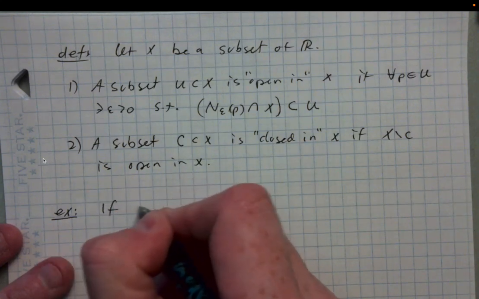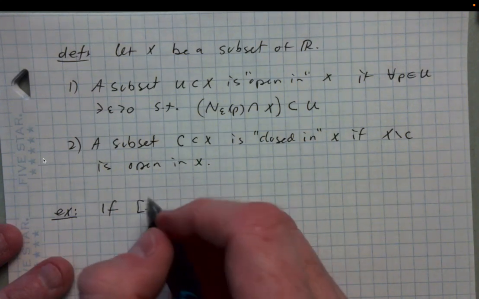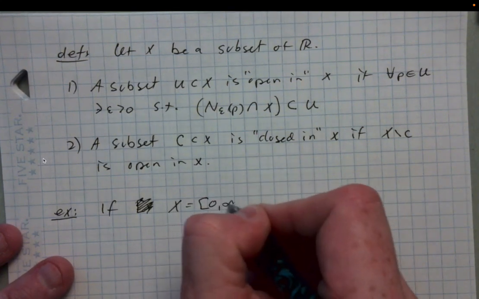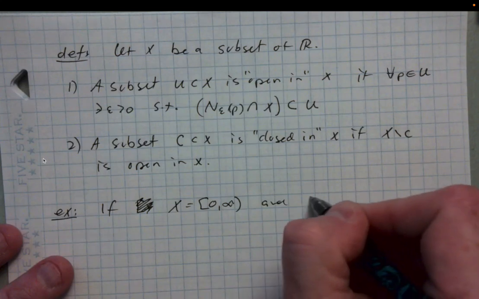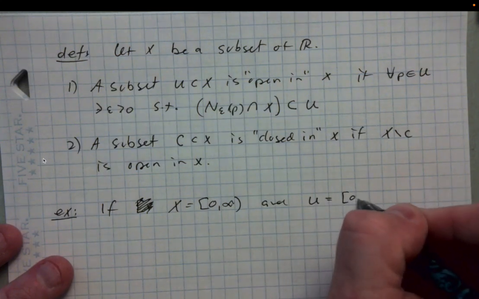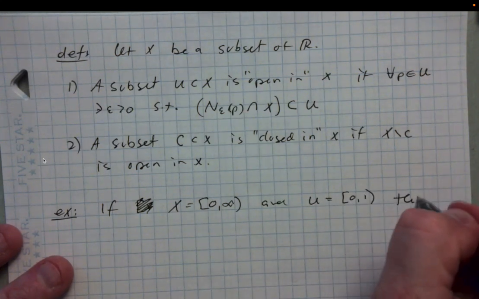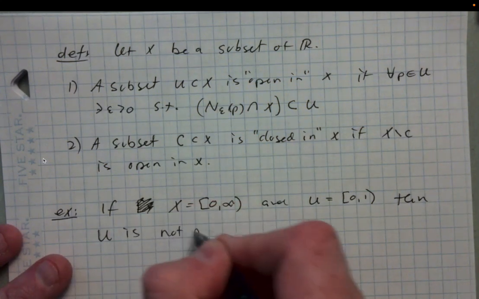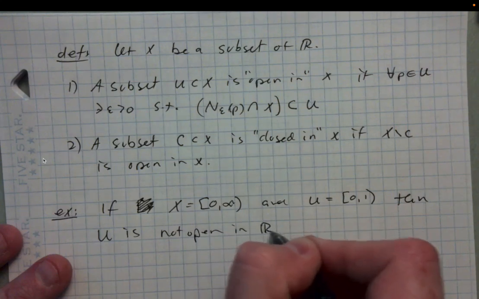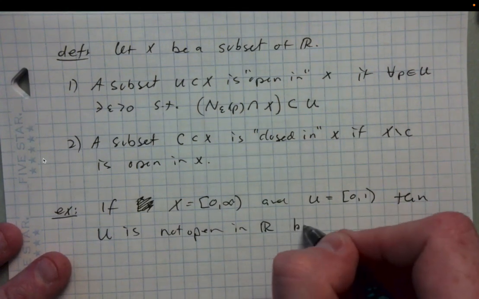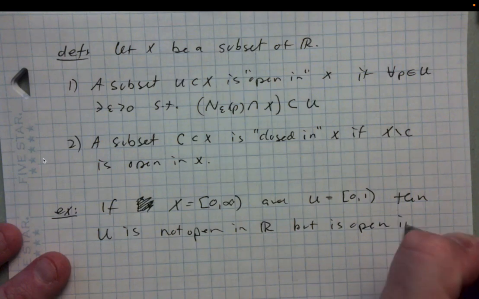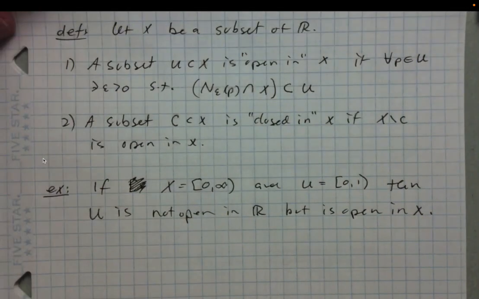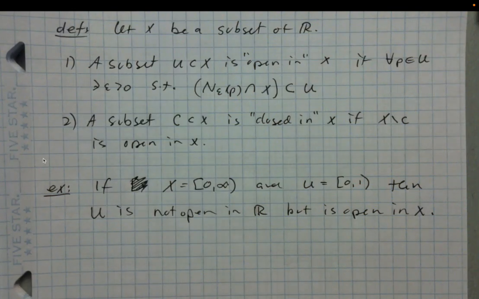So if X is equal to this interval, 0 to infinity, and U is equal to 0, 1, then U is not open in R, but is open in X. And then, why is this?